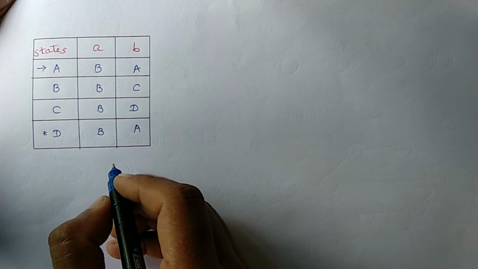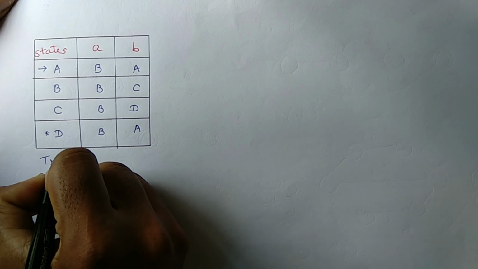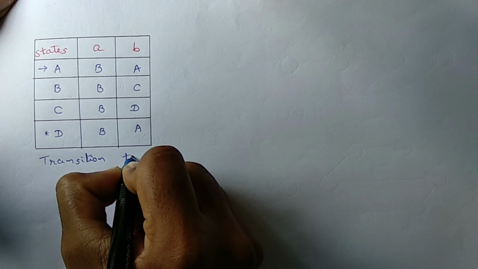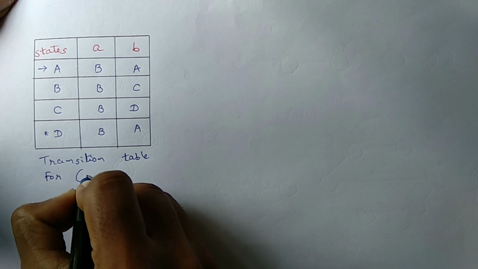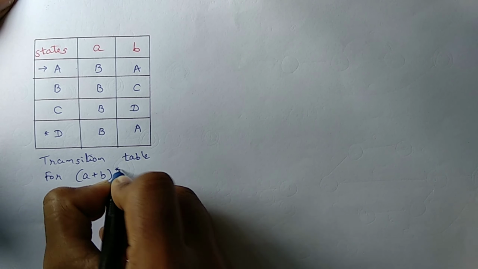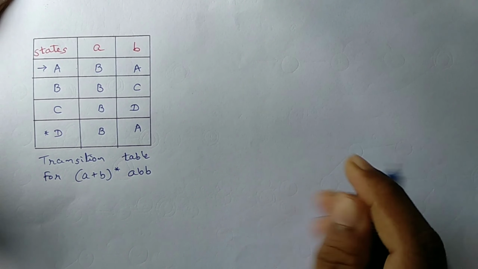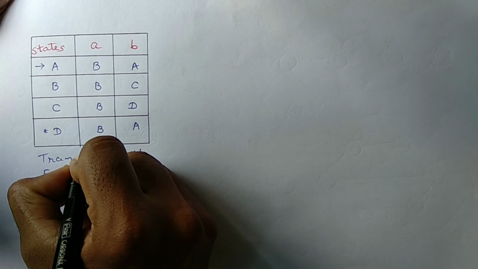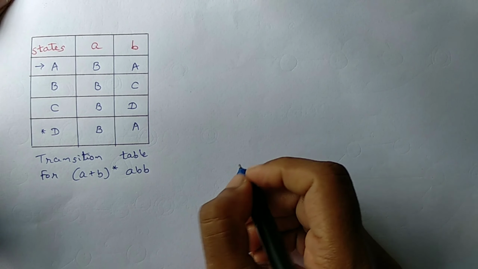So this is the transition table for (A or B)* ABB. Now according to this transition table, draw the FA.